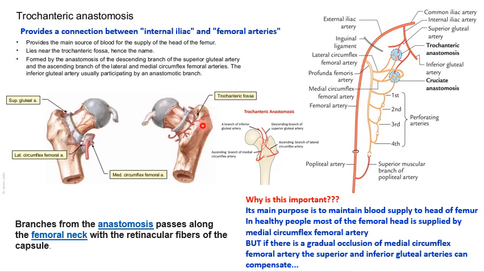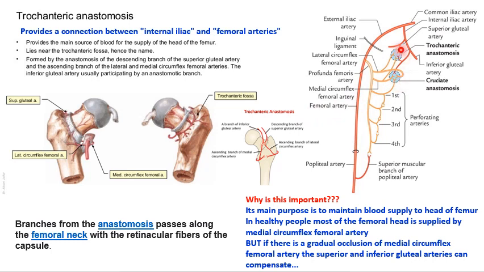Now, this anastomosis is formed by the descending branch of the superior gluteal and a branch from the inferior gluteal and the ascending branches of both lateral circumflex femoral and the medial circumflex femoral. All these anastomose here in the trochanteric fossa to form trochanteric anastomosis.